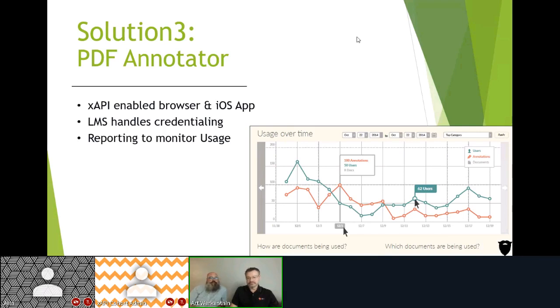Then I go back home and open up that PDF, and because all of the annotations are stored in the learning record store, they just get applied on top of my document. I can move back and forth, and all these notes pass with me, but I can't get to content that hasn't been approved for me through the learning management system.